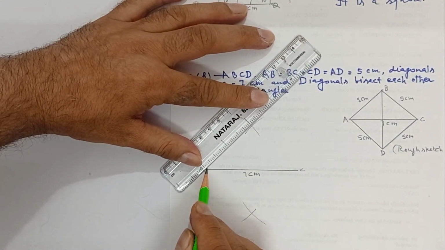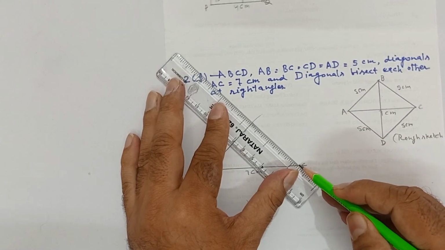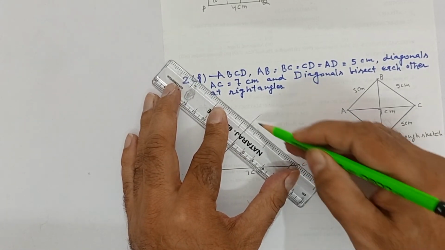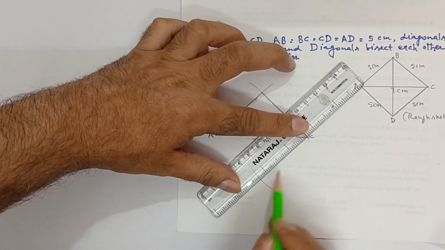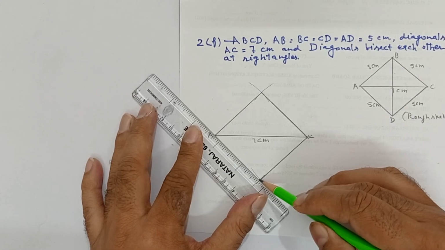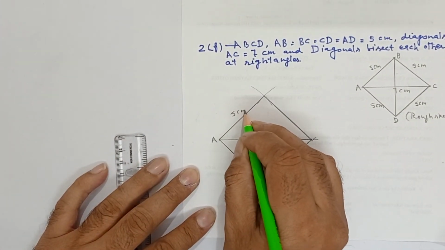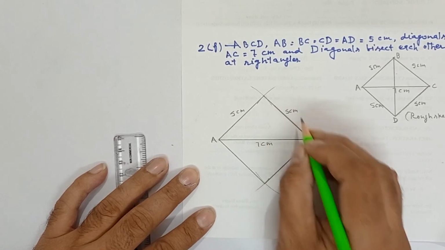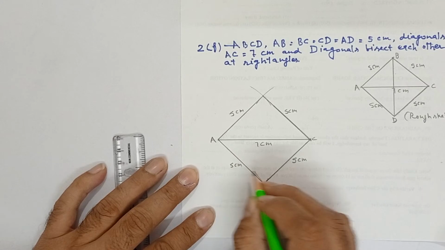Join this. Join this also. Join this. And join this also. So right here 5 centimeter, 5 centimeter, 5 centimeter, 5 centimeter.